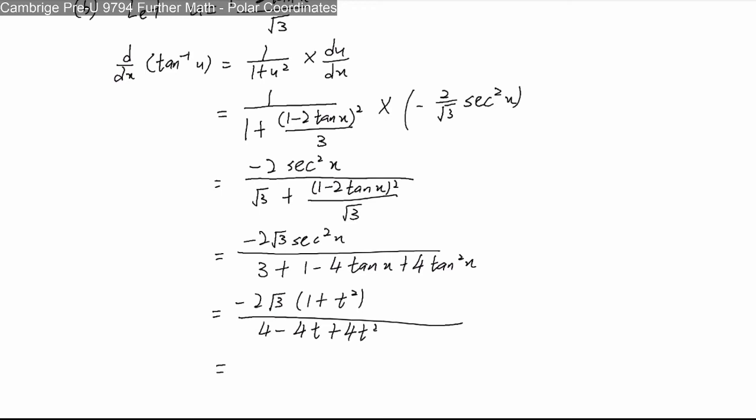We keep the 2 there and factorize the 4 out. At last we get negative root 3 over 2, times 1 plus t squared divided by 1 minus t plus t squared.